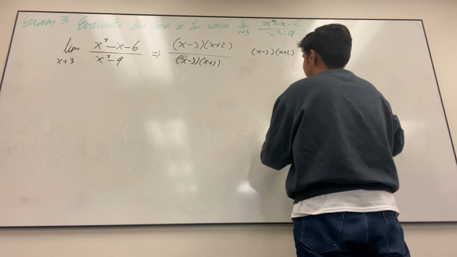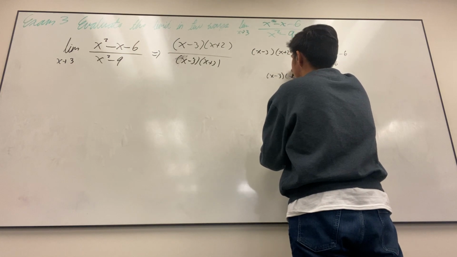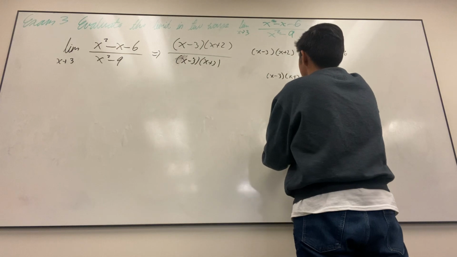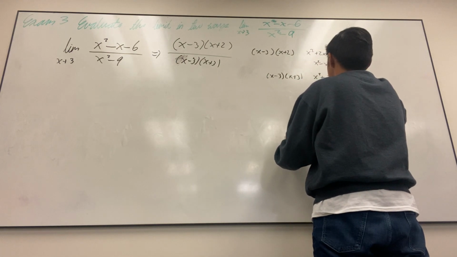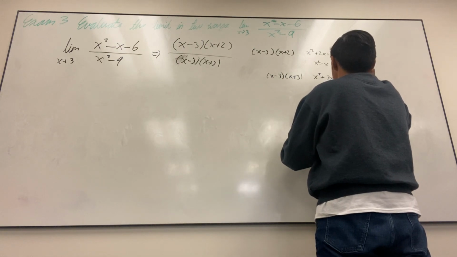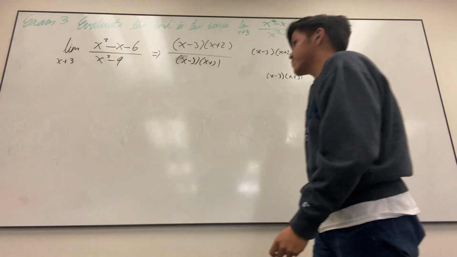And x minus 3 times x plus 3 gives you x squared plus 3x minus 3x minus 9, which is x squared minus 9. So both do check out.